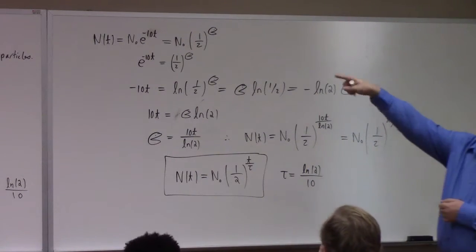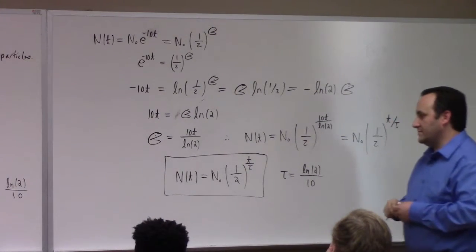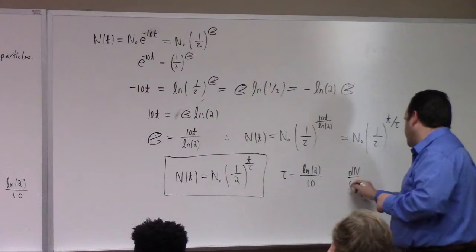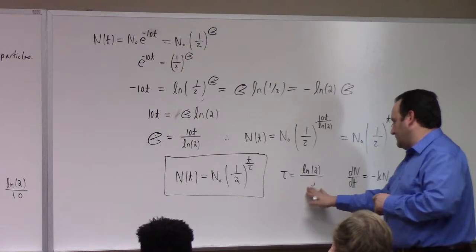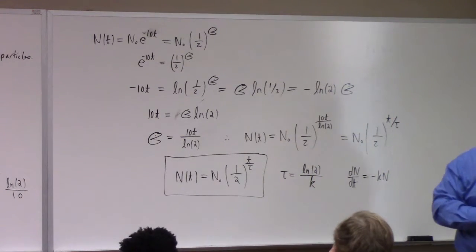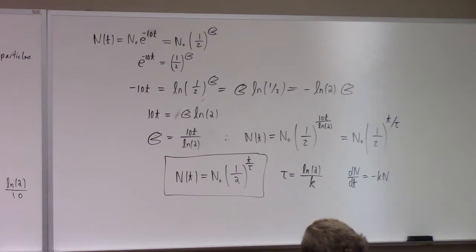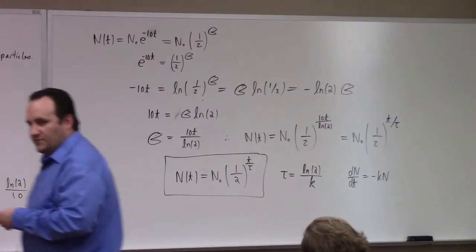If you replace the 10 with k, what would happen? If we had dn dt equals minus kn, then that would just put a k here. Anyway, maybe you might run into these in a chemistry class or something.